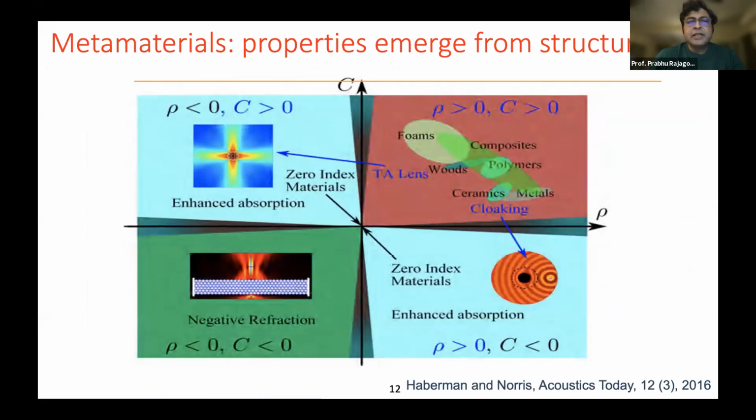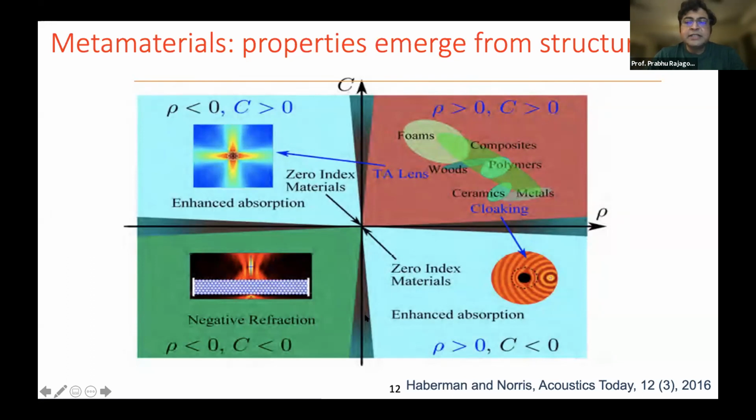Metamaterials are a class of materials that have been investigated with much interest across a range of disciplines over the last 3 decades, ever since Veselago in the 60s proposed these materials. These are media whose properties come about because of structure rather than because of the underlying materials. The classical materials are all those in the first quadrant here: density positive, compliance also positive.